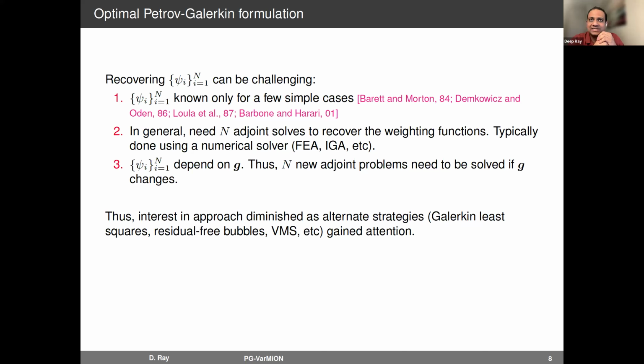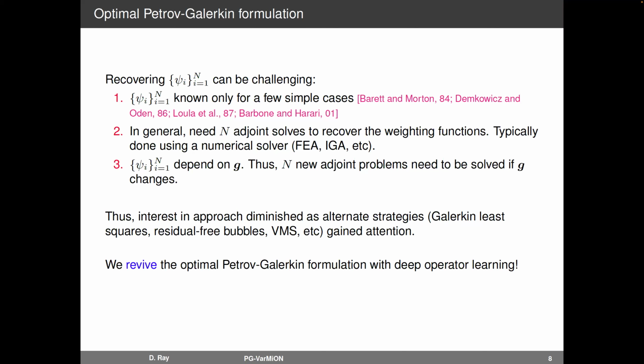It's because of reasons like this, where the construction and recovery of the psi's was not easy, that the optimal Petrov-Galerkin approach diminished, whereas alternate strategies such as Galerkin least squares, residual free bubbles, and VMS started gaining more popularity. So it became less popular compared to other approaches.